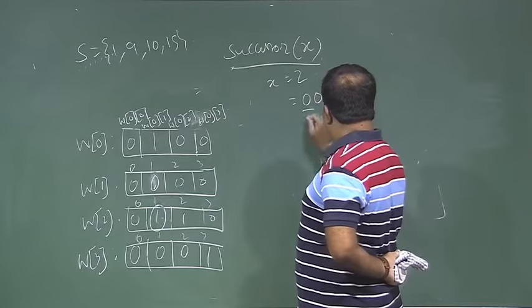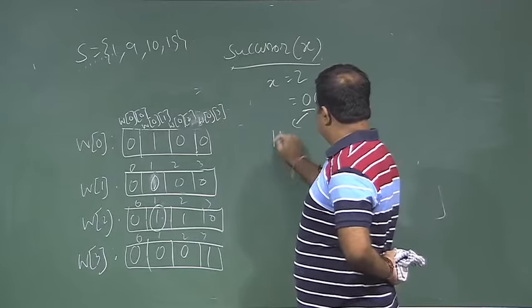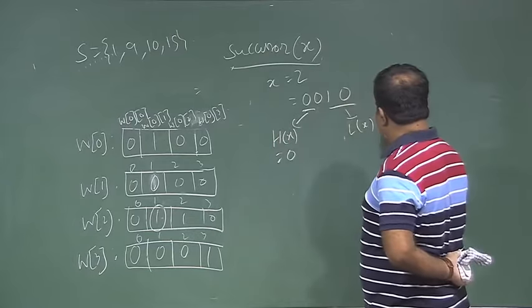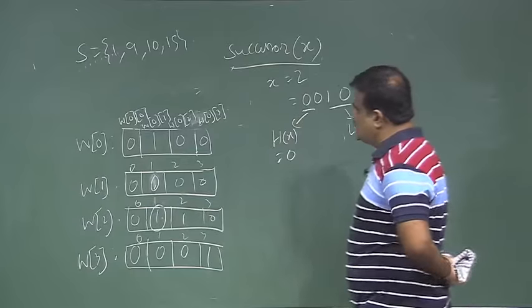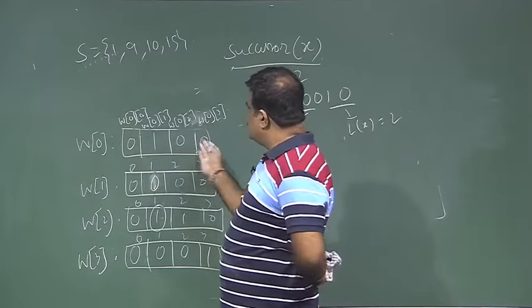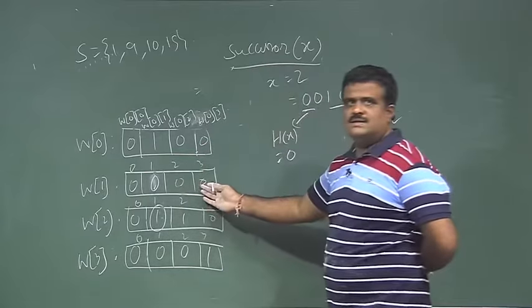So, this is low of x, this is denoted by the block number, and this is 0 and this is 2. So, basically we need to find the successor after this. We first find the successor in this block, and then we find the successor in the next ones.